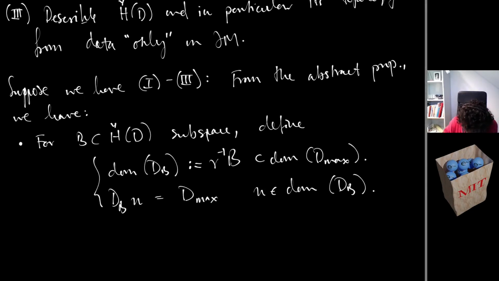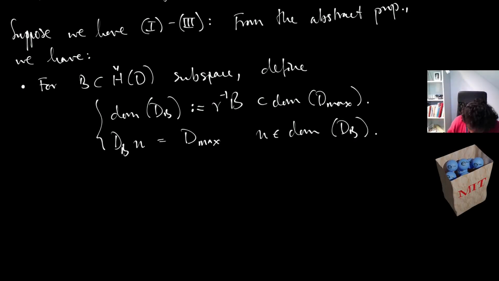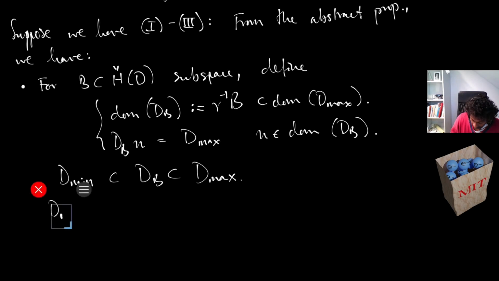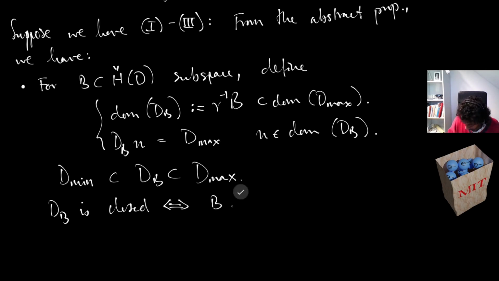So this is what I mean. And then we have an operator now which extends D min. And the point is that dB is closed if and only if B is closed.